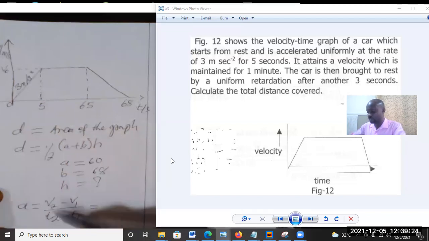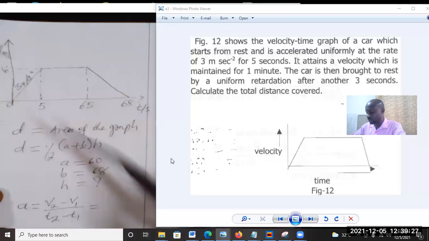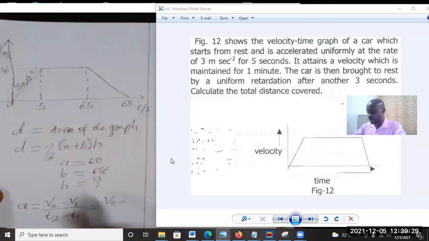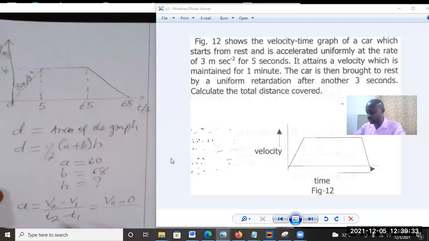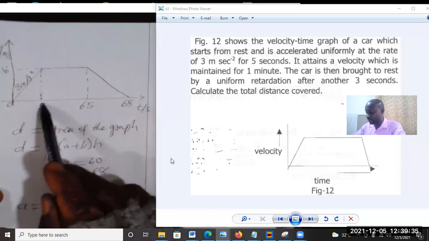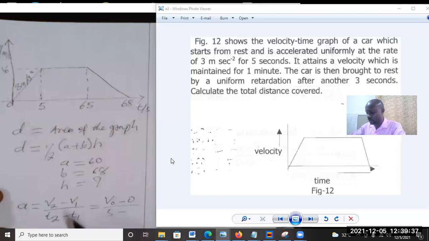In this situation, V2 is V0, and V1 will be 0 here, and T2 is 5, and T1 is 0. We end up having A is equals to V0 all over 5.